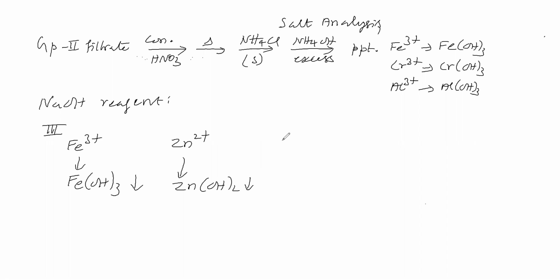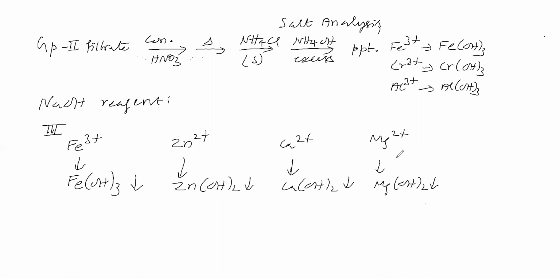Group 5 cations also precipitate with sodium hydroxide. The group 6 cation, magnesium ion, also precipitates as magnesium hydroxide. So if instead of ammonium hydroxide you use sodium hydroxide as a reagent, group 3, group 4, group 5, group 6 all precipitate.